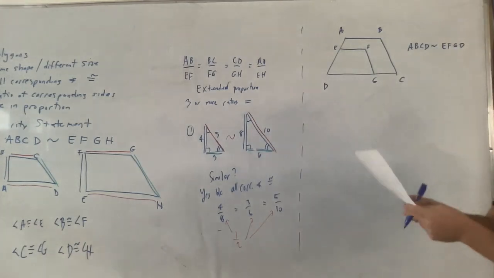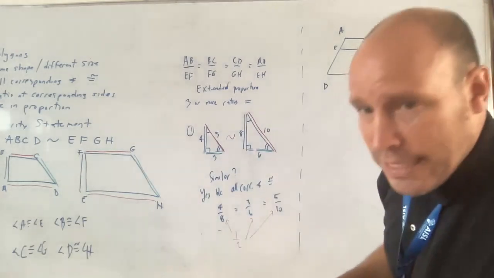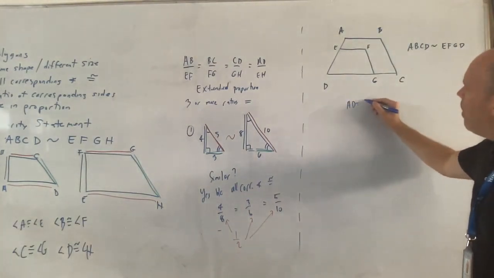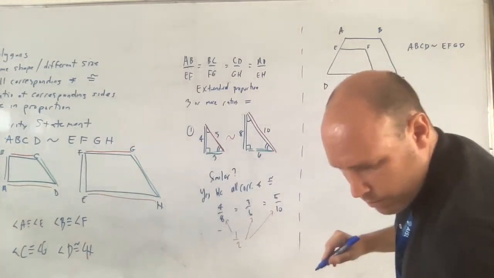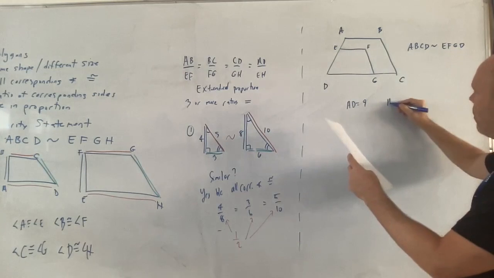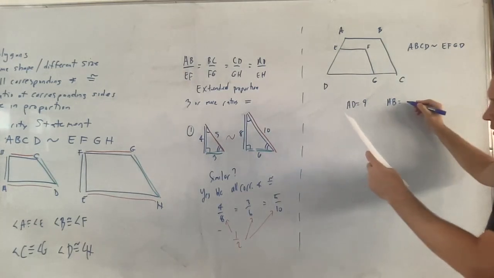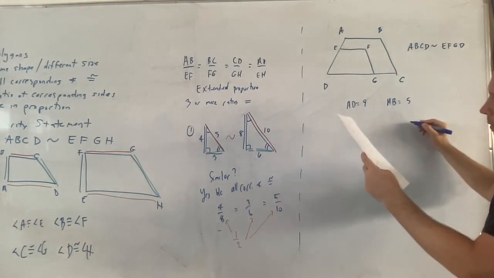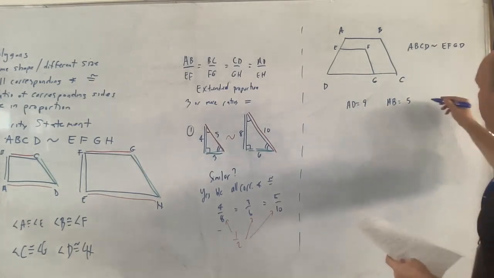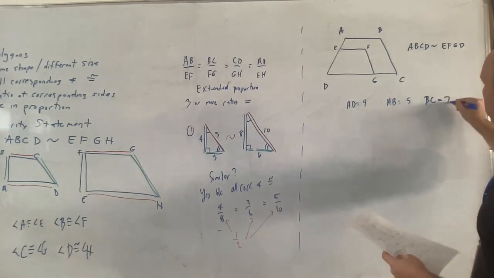And let me put some lengths in here. Let's say that AD is 9. AB is 5. BC is 7.5.